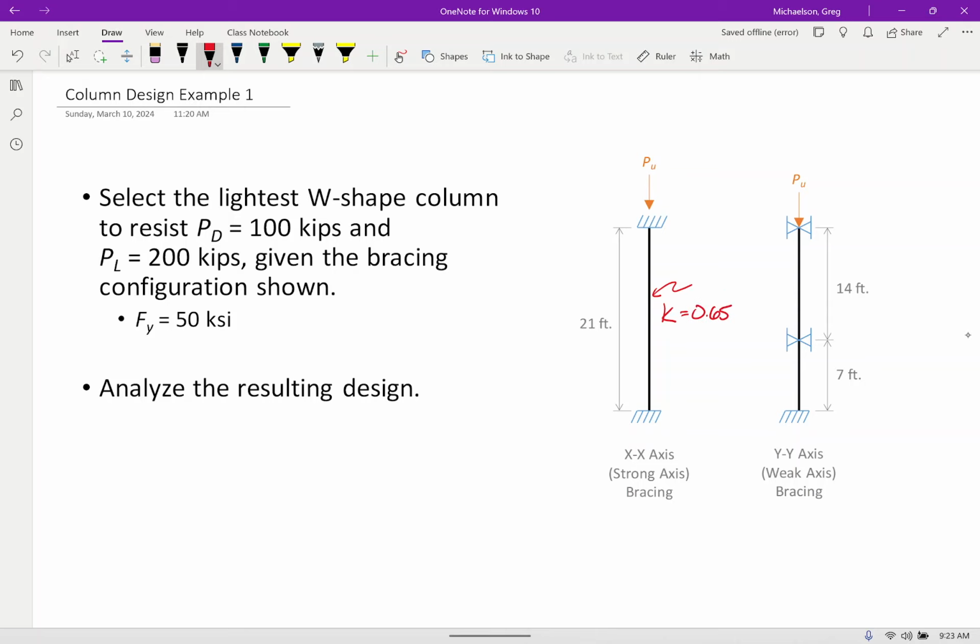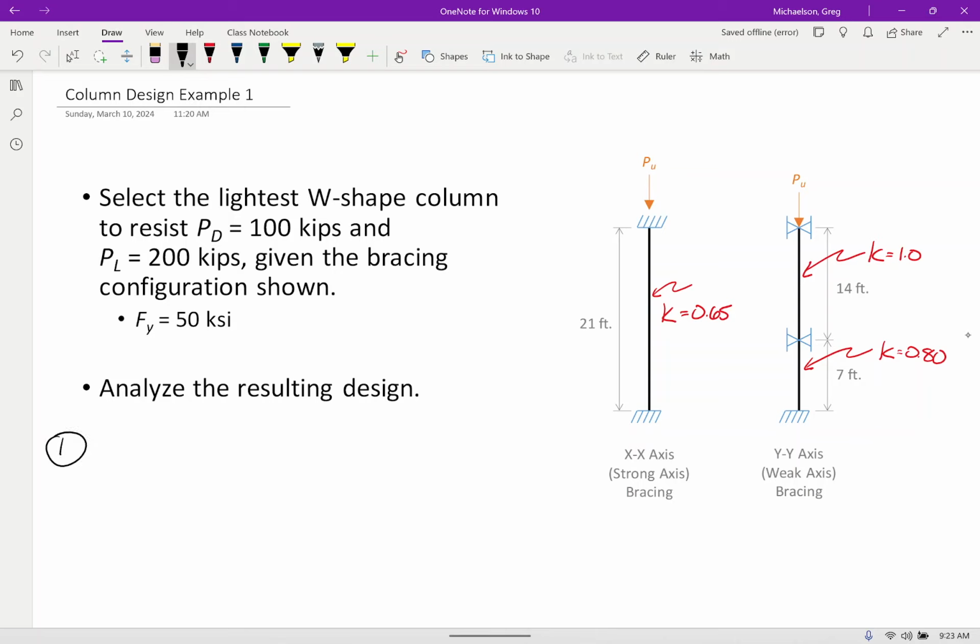We're going to call this a K value of 0.65 because it's fixed. We're going to call this K of 1 and a K of 0.8. Okay. All right, so let's see what we can do.